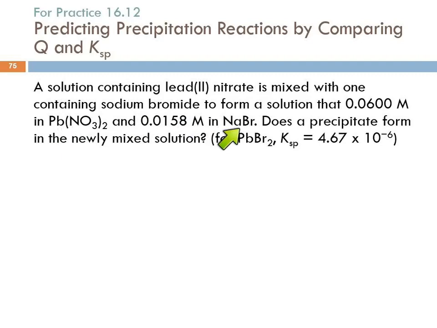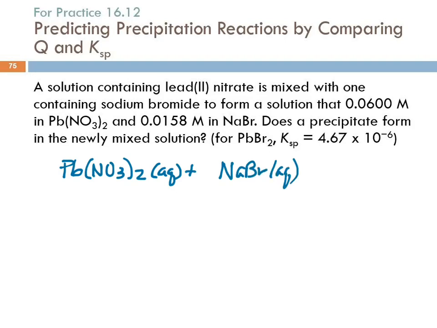Here's lead nitrate and sodium bromide. So we've got Pb(NO3)2 mixing with, well, what's the state of that? It's aqueous. It's a solution, right? So that's aqueous. And it's mixing with sodium bromide, which is also aqueous.